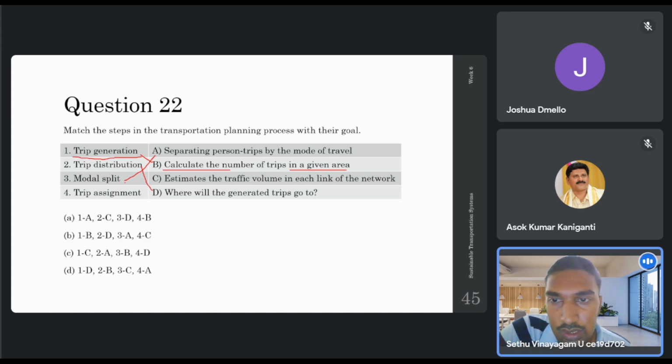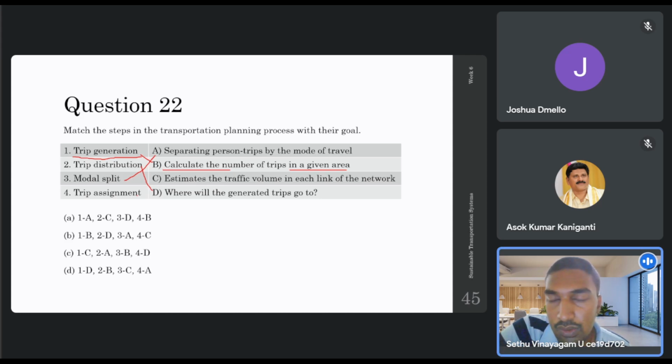Finally, once we know how many vehicles will be traveling from different zones to different zones, we want to do a trip assignment. Why do we do this? Because for a given pair of zones, there could be multiple routes through which these two zones are connected. Ultimately we want to know the traffic volume on the different links.